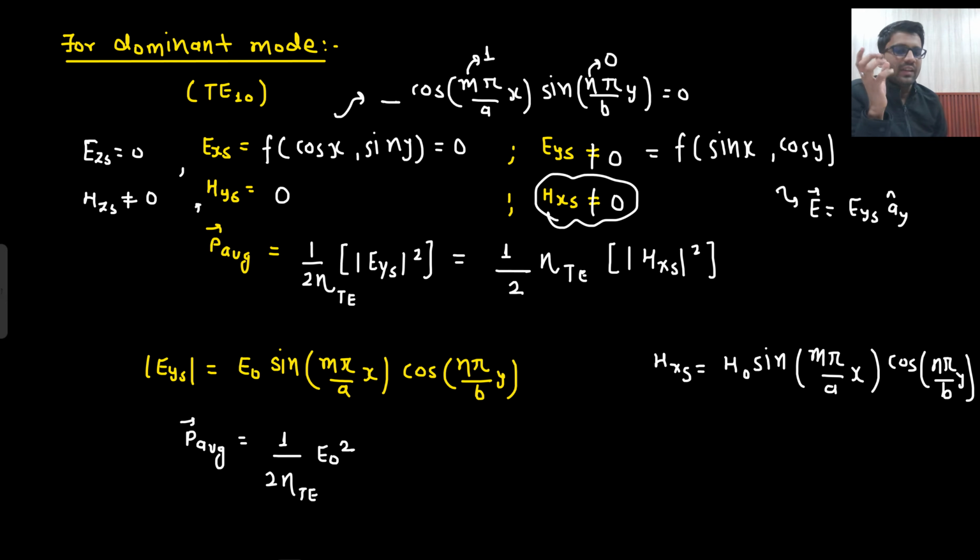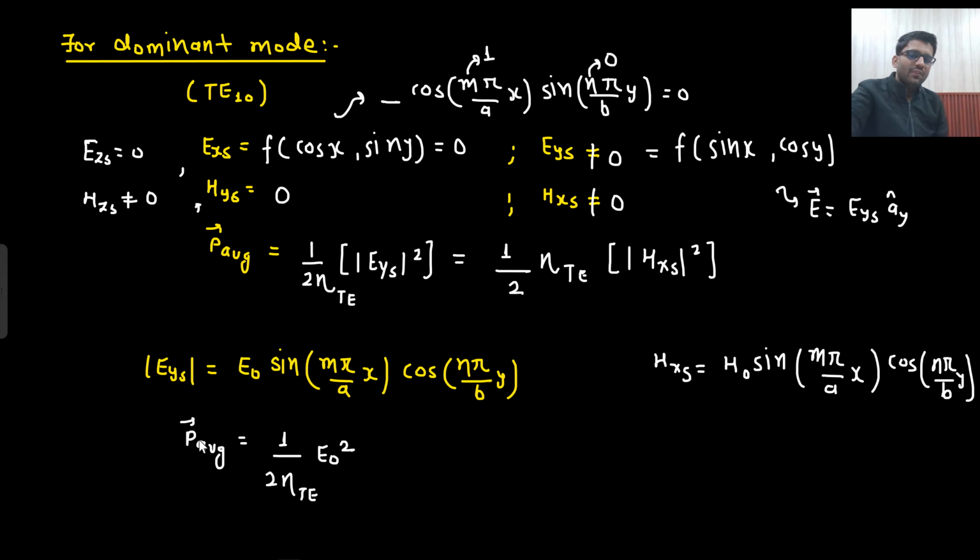What they can give is that in the x direction, the maximum amplitude of magnetic field is this. Are you getting this point? So they need to denote the direction as well. They can never say just the maximum amplitude of magnetic field. That will be senseless. So here two magnetic field components are present and only one electric field component is present. So that was the important thing.